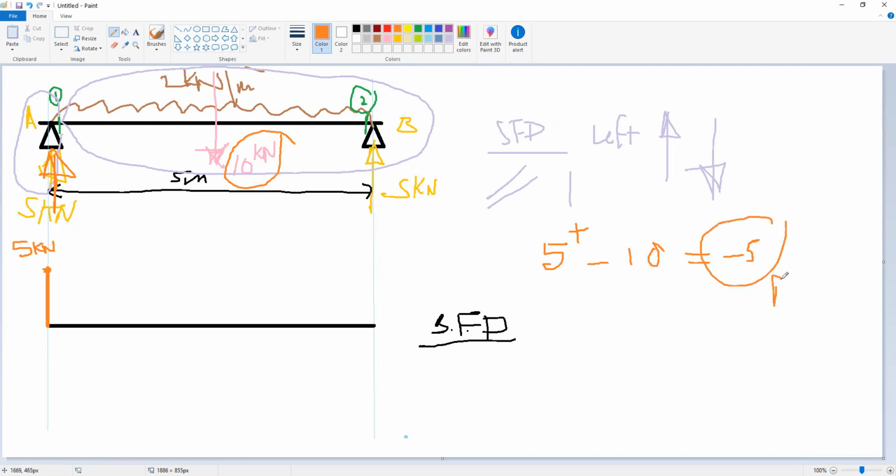Negative 5 at point B. So at point B, at section 2, we go upward 5 and go downward 10, so the shear force will be negative 5 kilonewton. Okay, and from 1 to 2, because we have uniform load, we connect these 2 points with a straight line. Okay, so this is the shear force diagram we have. We have here 5 kilonewton.